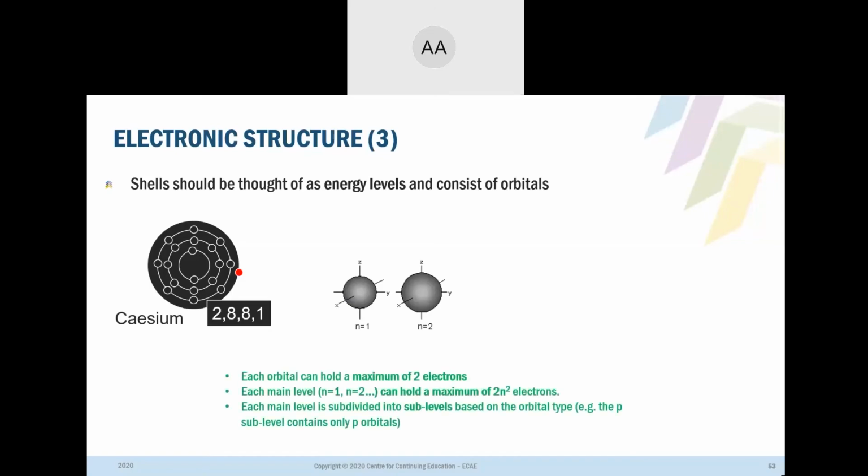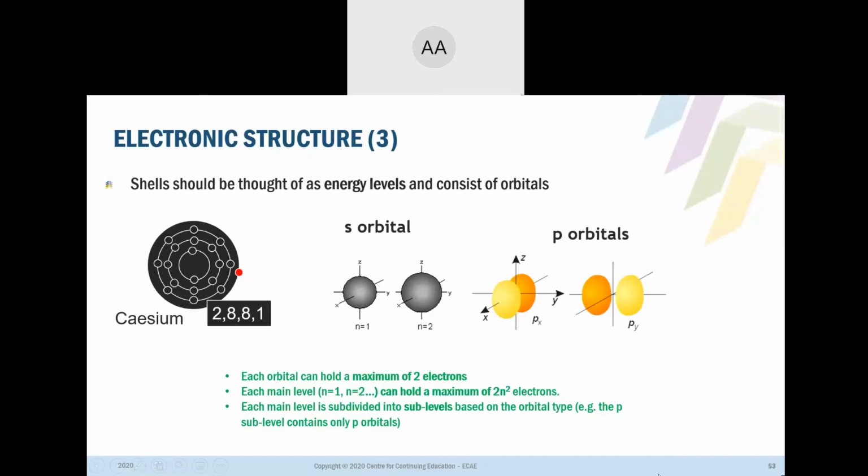So you've got to think of your orbital as a 3D entity. So there's the S orbital, and we've got the P orbitals. And that's what we'll focus on right now. So each orbital can hold a maximum of 2 electrons.